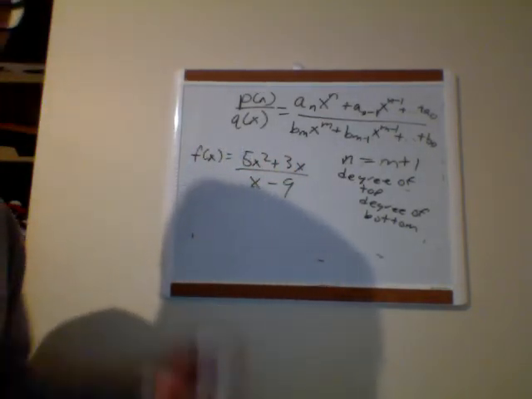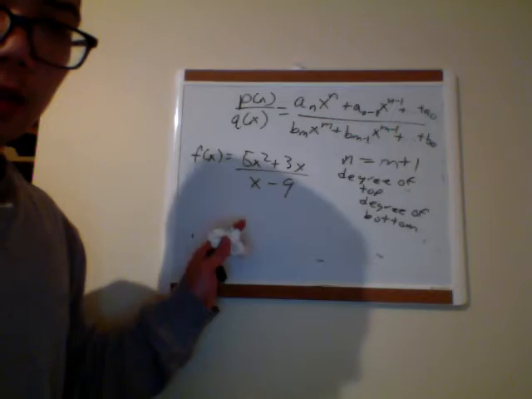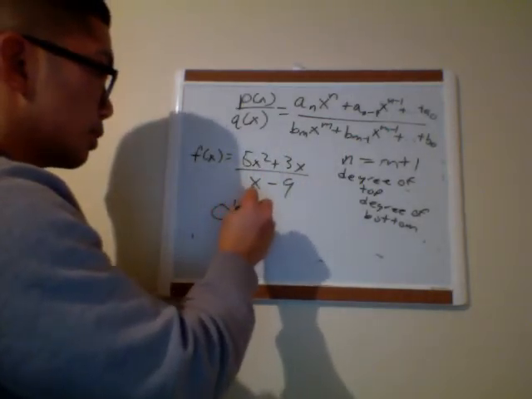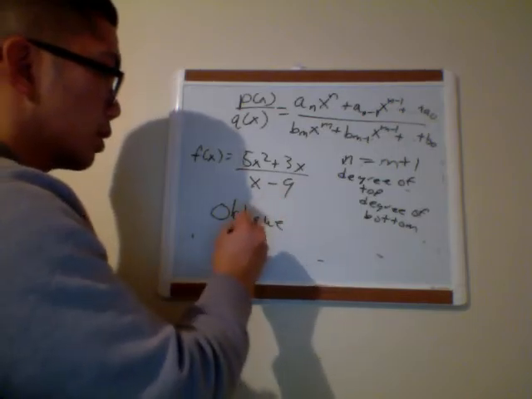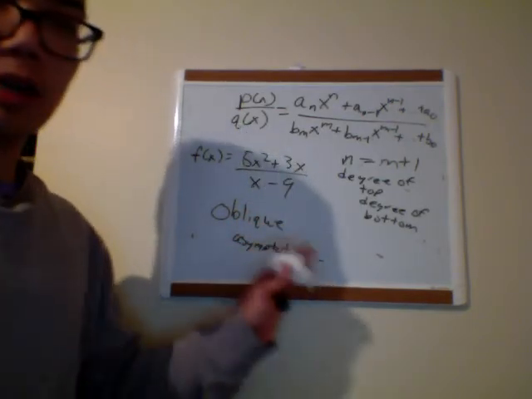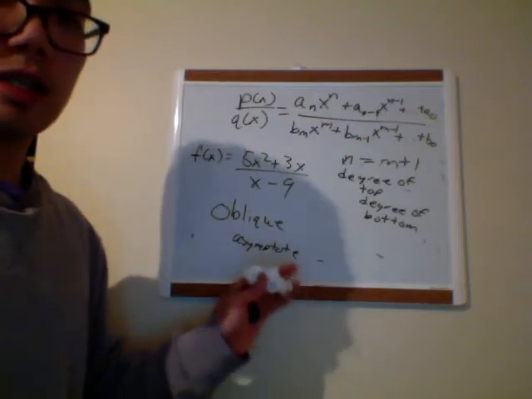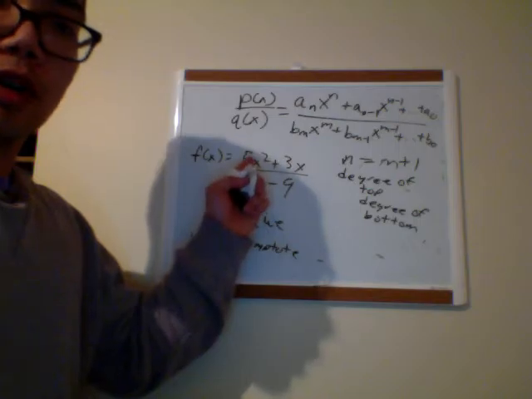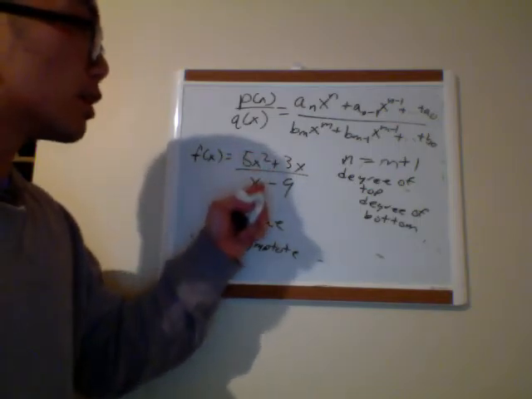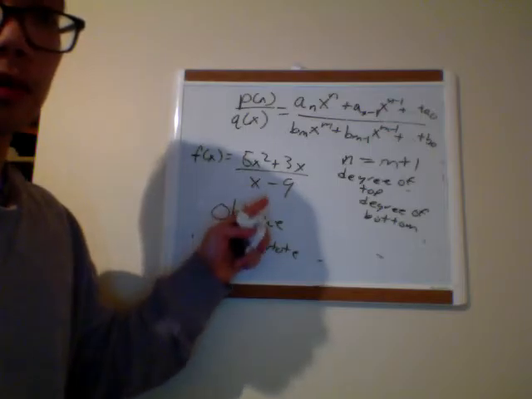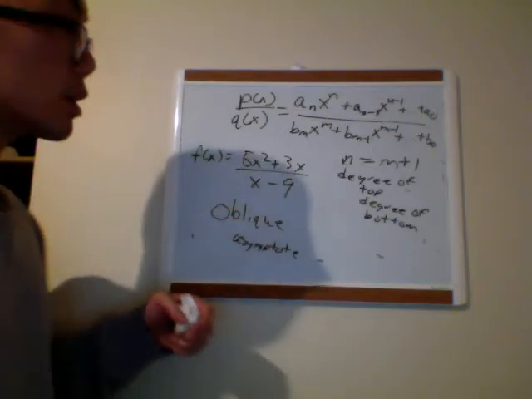Now, we are not going to really go into detail here, but this is an oblique asymptote. For now, we're going to skip it. We're not going to need it for this part of the class. But if your numerator's degree is 1 greater than the denominator's, you are going to have an oblique asymptote, not a horizontal one.